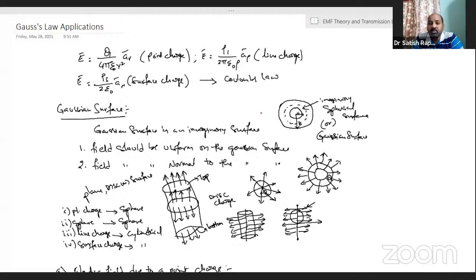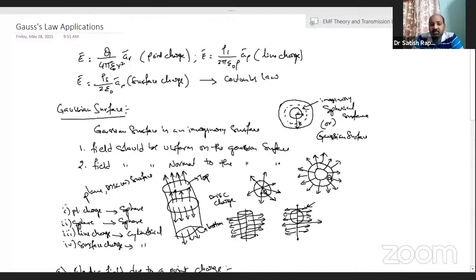In my last class, I discussed Gauss law and its applications. Before we apply Gauss law to determine electric field, we need to assume an imaginary surface, and that imaginary surface is nothing but the Gaussian surface. We have discussed what type of Gaussian surface we can assume for different charge distributions.